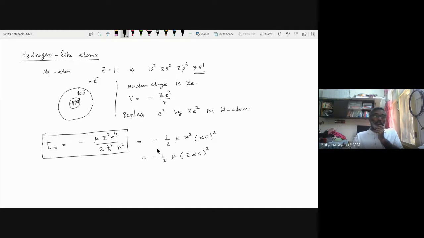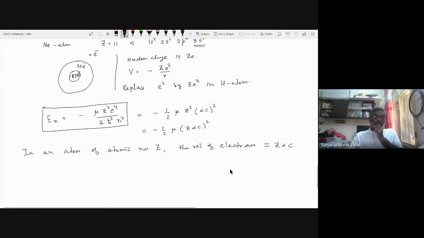Okay, so this gives us that typically in an atom of atomic number Z, the velocity of an electron is of the order of Z times αc. Now α may be 1 by 137, but as Z is increasing, the relativistic effects become very important.